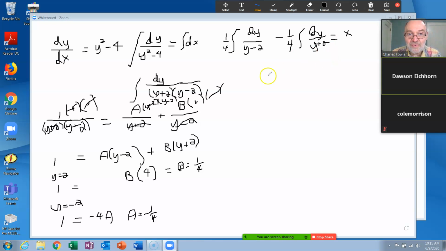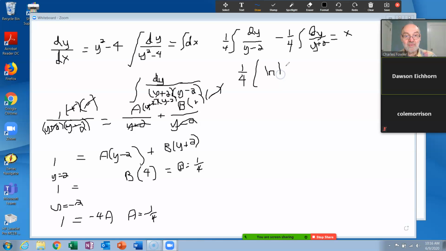So what does this produce for us? You can factor 1/4 out of both of those. What's the antiderivative of dy over y minus 2? Anybody? We've hit it before today. Maybe the ln of y. Yeah, that's it. The natural log of y minus 2. And again, before I forgot to do this, so I'm going to do it this time.